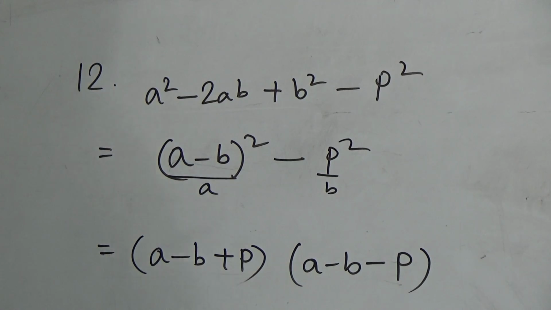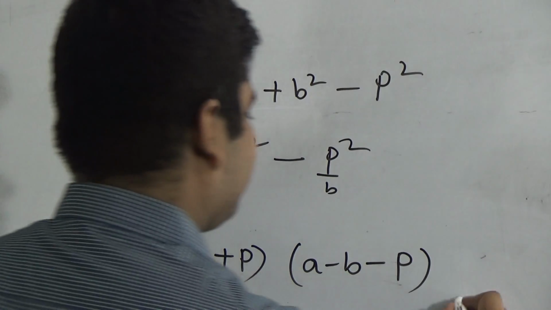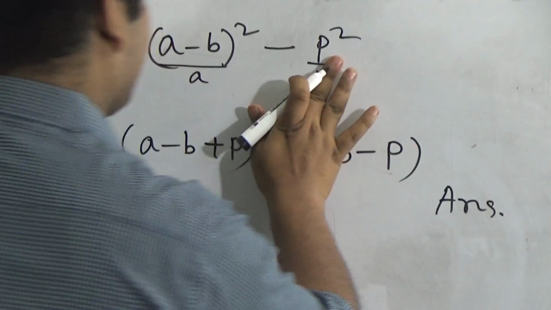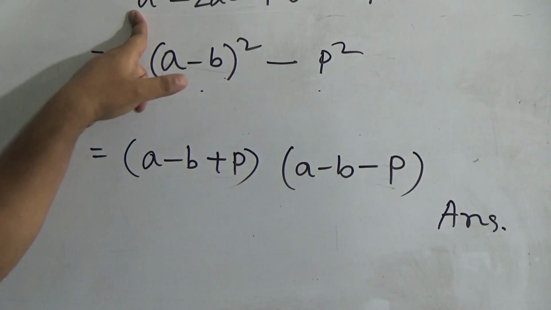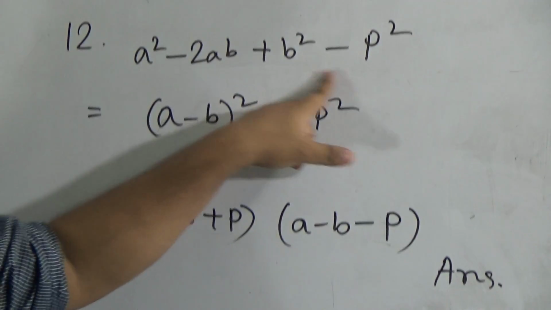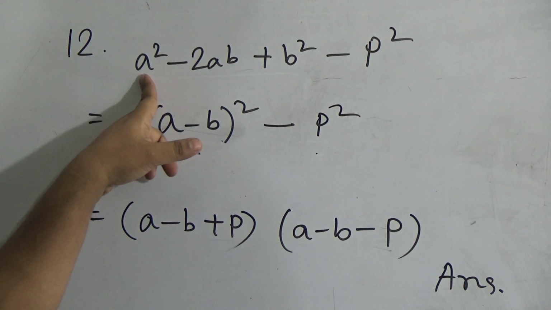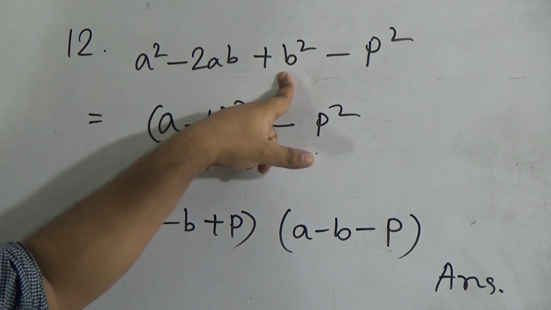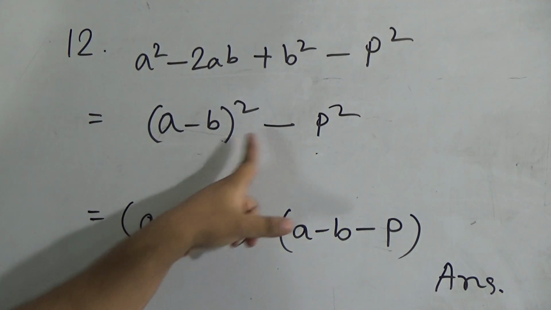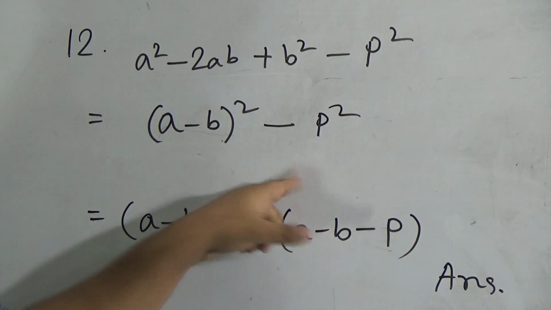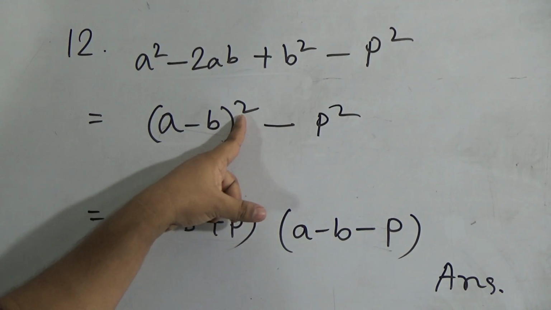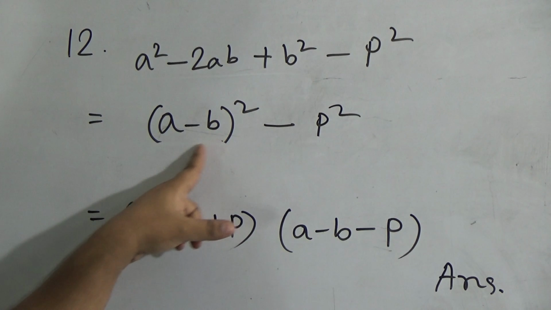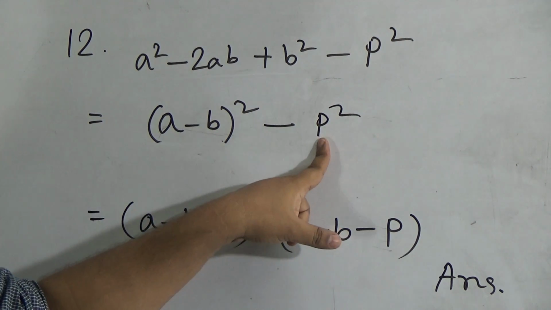I hope you have understood. I repeat: a square minus 2ab plus b square minus p square. Here a square minus 2ab plus b square means (a minus b) whole square, minus this p square. Here you notice (a minus b) whole square and p square. Here a minus b means a and p means b.